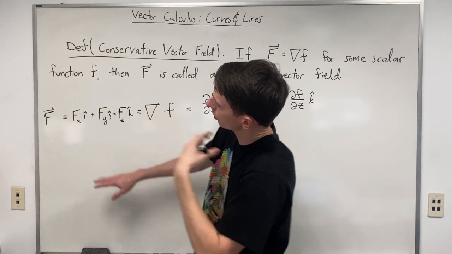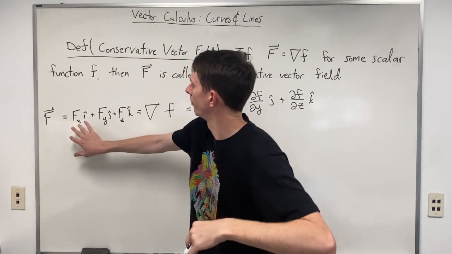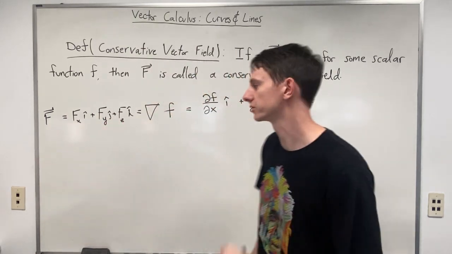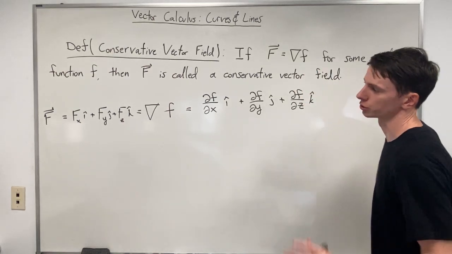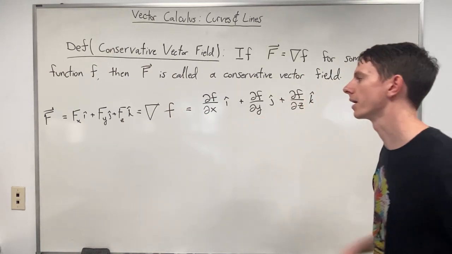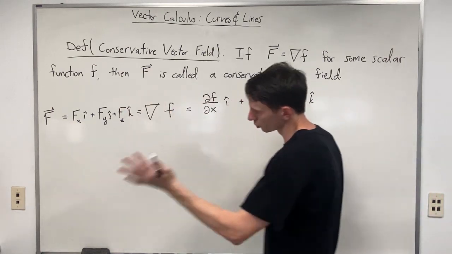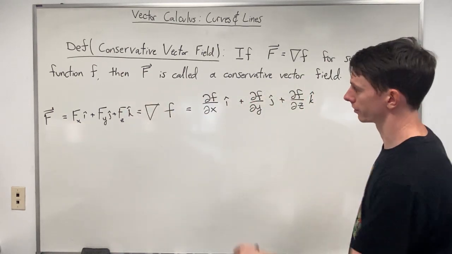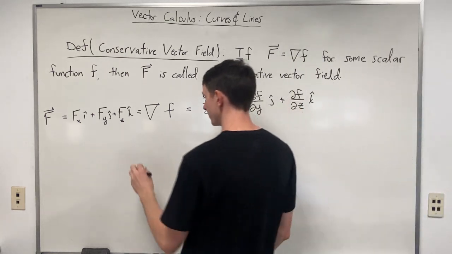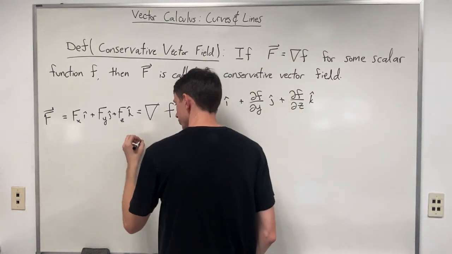And again, the overall quantity is a vector, but each of the components, F of x, F of y, and F of z, are themselves scalar quantities. So what you can do is match up the i hat with the i hat, j hat with the j hat, and k hat with the k hat. I'll just work through the i hat example, and then you could generalize to the j hat and k hat basis vectors.